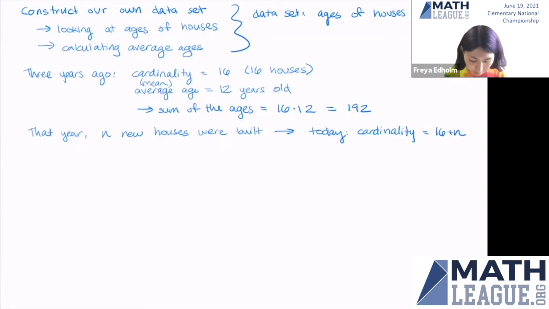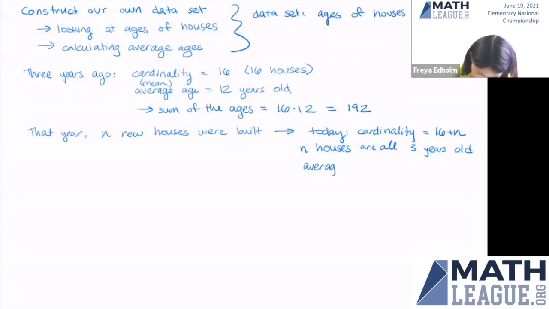And the n houses are all 3 years old. I mean, 3 years have passed since they got built. And our average age, which again is the mean, is going to be equal to 11 years old. I see the average went down.